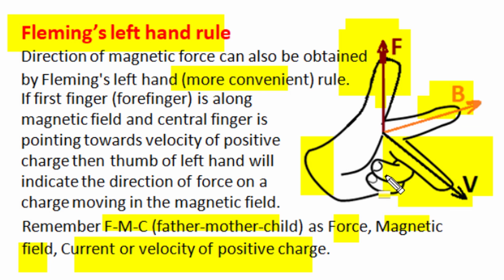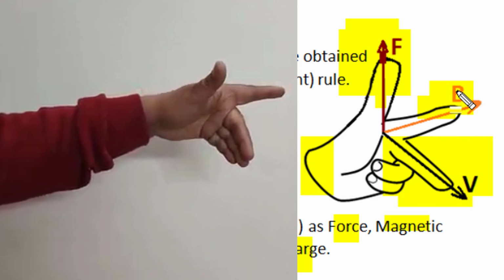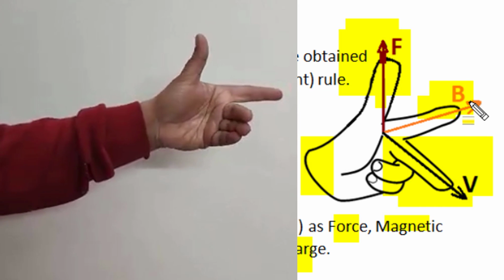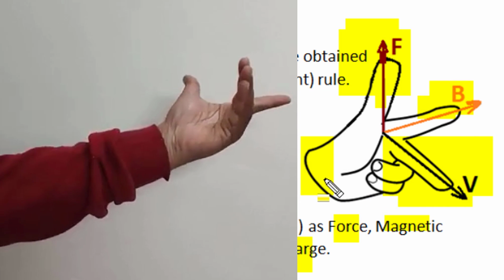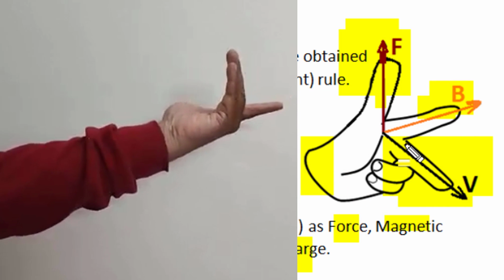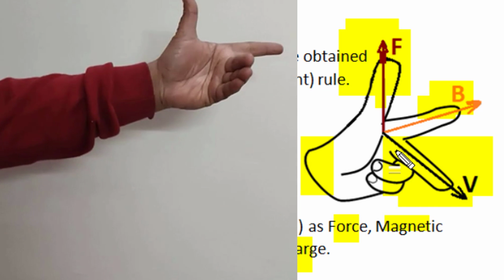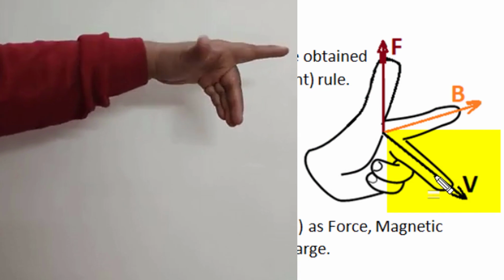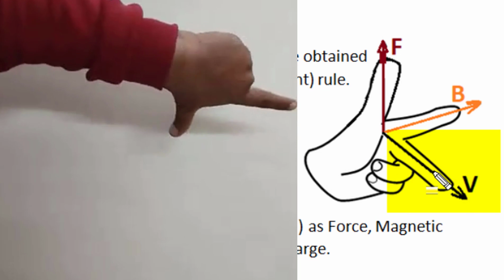Now, during use of this Fleming's left hand rule, we must first align the forefinger along the given magnetic field, or an assumed direction of magnetic field if the magnetic field is not known to us, and then through wrist, elbow or shoulder, the hand can be twisted to align the thumb if the direction of force is given, or we should align the central finger along the direction of velocity of positive charge motion.